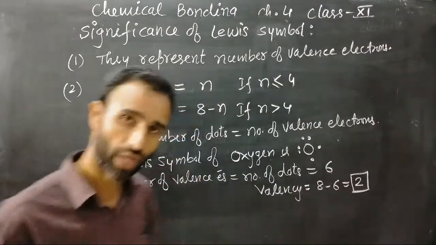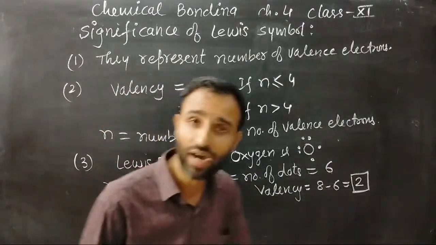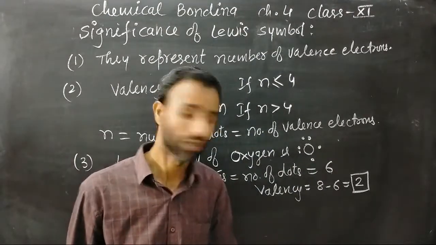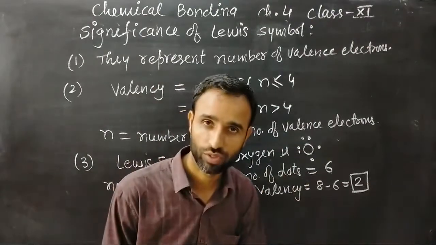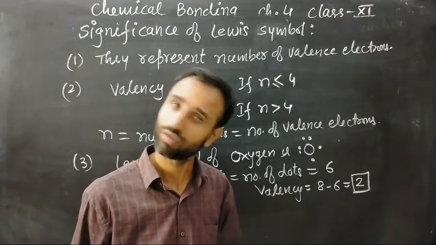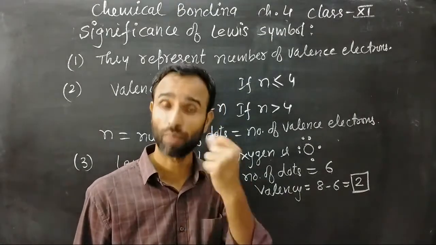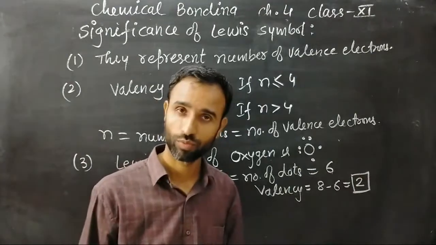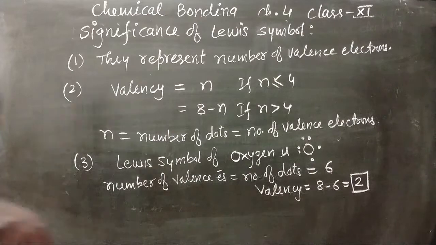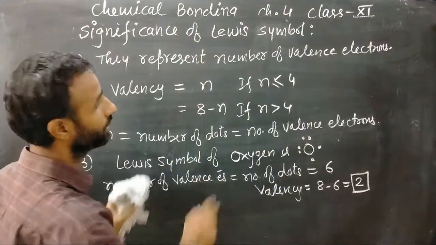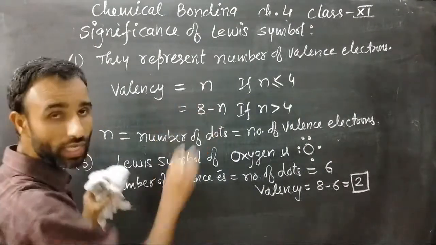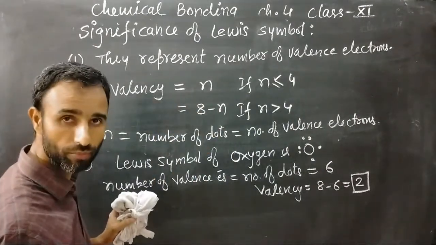Okay, and that will also give us an idea of how many electrons it needs to complete its octet. Say it has 6 electrons. So how many electrons will it share to complete its octet? Obviously 2. So its combining valency is 2. Right? So this is what we can determine by looking at the Lewis symbol.